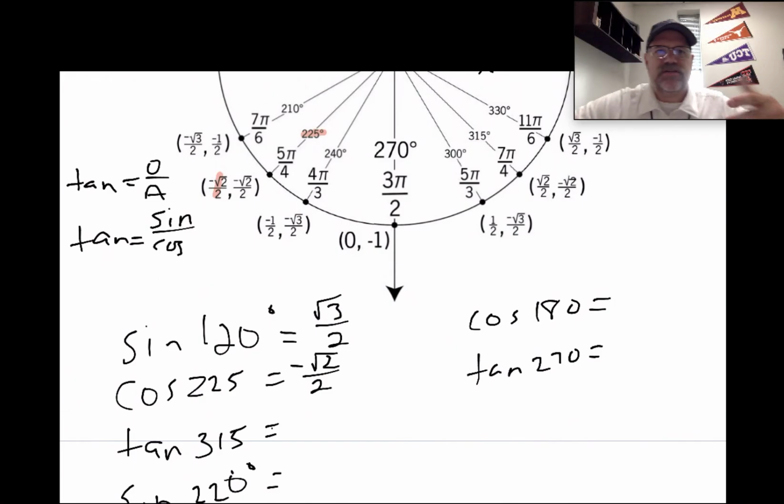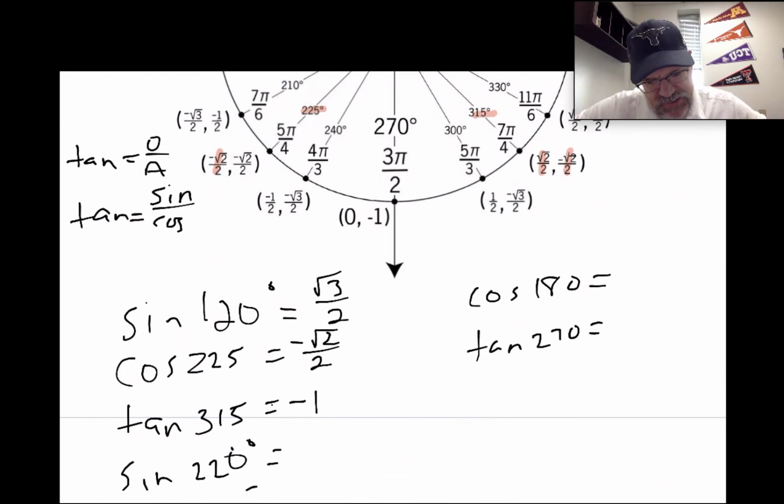It's just a little extra step. So tangent of 315, let's go find that. 315, ding, ding. So sine is negative square root of 2 over 2, and cosine is square root of 2 over 2. Well, they're the same thing, so anything over itself is 1, and since you have a negative over a positive, it's negative 1. That's not as hard as I thought it was going to be.